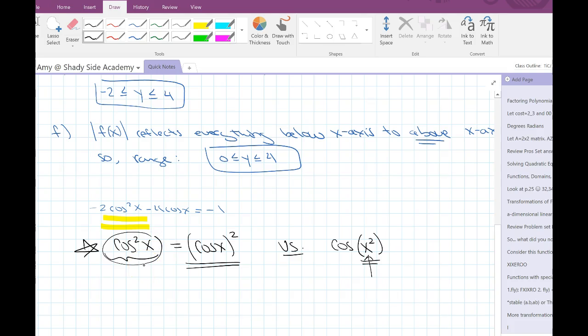The second one is to remember that when we solved equations like this that were trigonometric and also quadratic, we did this substitution. We let u equal cosine x. When you substitute in u here, you're going to get a quadratic equation. The quadratic equation that I think we did in class ended up being factorable, right? This quadratic equation is not factorable.